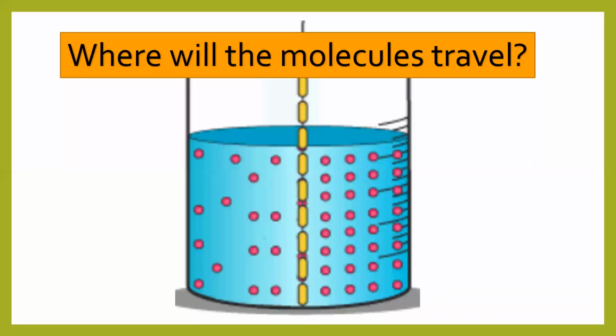Where will the molecules travel? Both types of solution can pass through the tissue. तो अभी मुझे बताइए, will the solution move from right to left or left to right? It's a very interesting question and I want you all to participate in it.